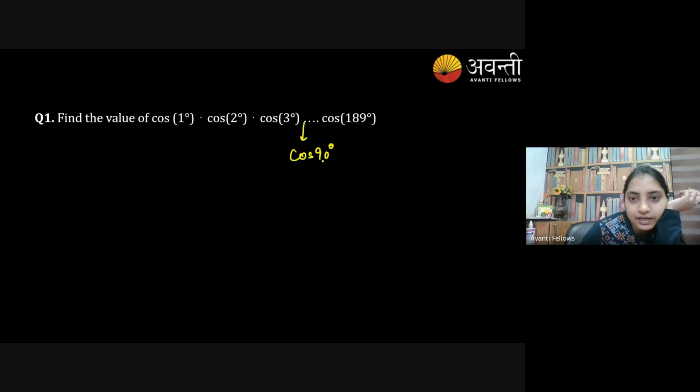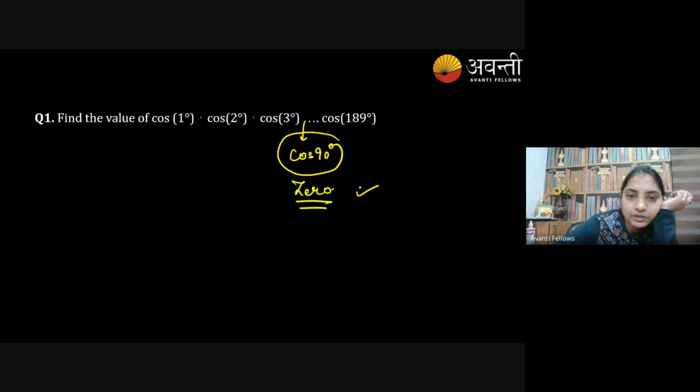And the value of cos 90 is always 0, and any number multiplied by 0 is 0. So the answer for this is 0. Clear? Agree, everyone? Any query?